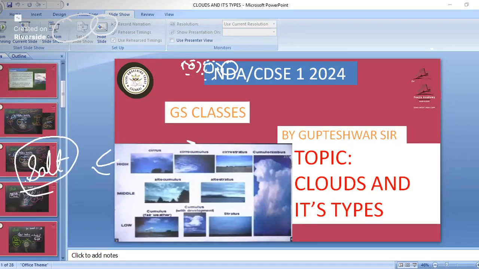When we add these particles in the atmosphere, and moisture is going up, it gets settled on these particles, their size starts increasing, and then we have artificial rainfall. So artificial rainfall is due to cloud seeding, because of adding silver iodide or potassium iodide. So this is about cloud seeding.